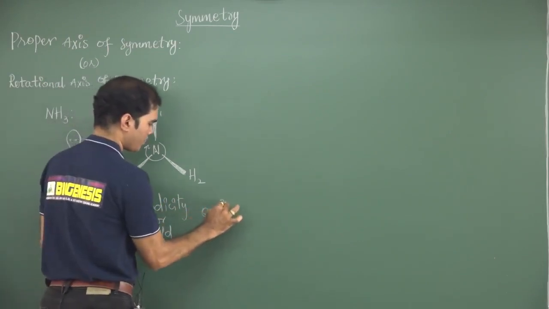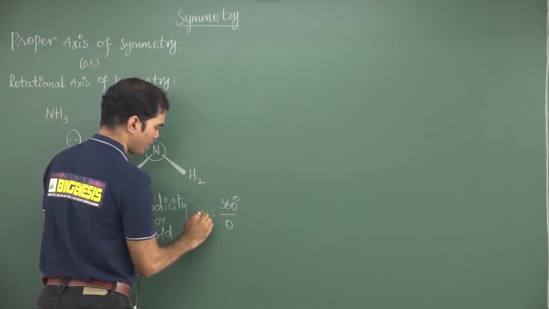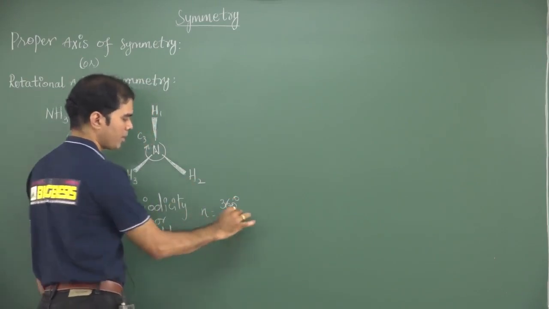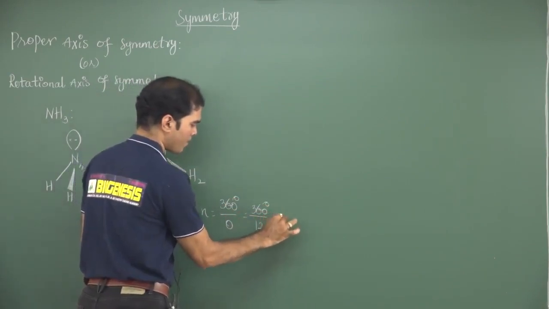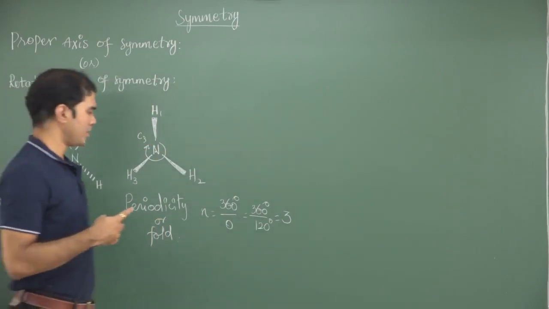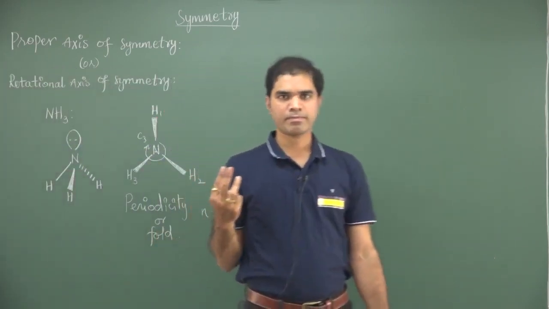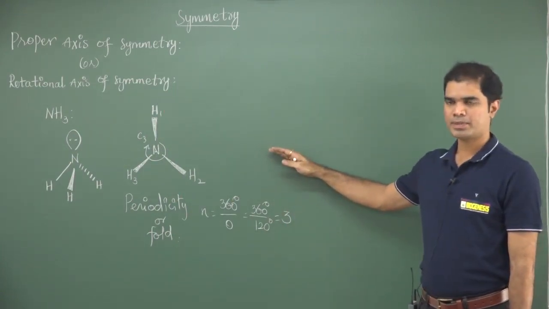Let me take n here. n is periodicity or fold. We are rotating by 120 degrees so that we get an equivalent structure. And the periodicity or the repetitions are altogether 3. When I rotate 3 times, I will get an identical structure. So this is for ammonia.